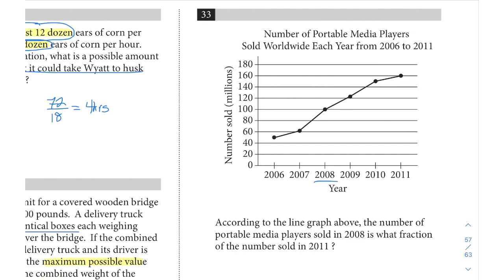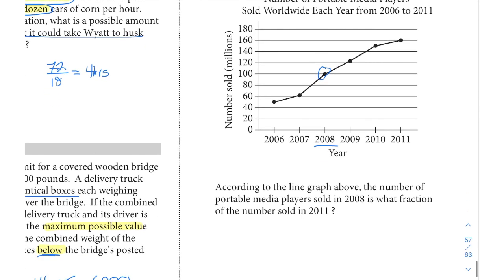So we look for 2008, and that number is 100 even. And it says what fraction of. Remember when they say of, when you're talking about fractions, so is over of, or part over whole. Your of portion of your fraction is going to be your denominator.